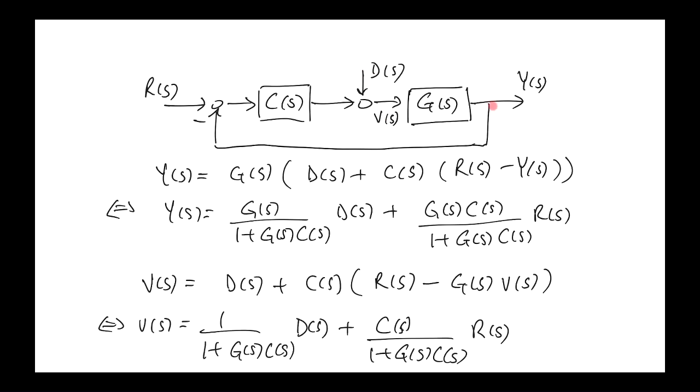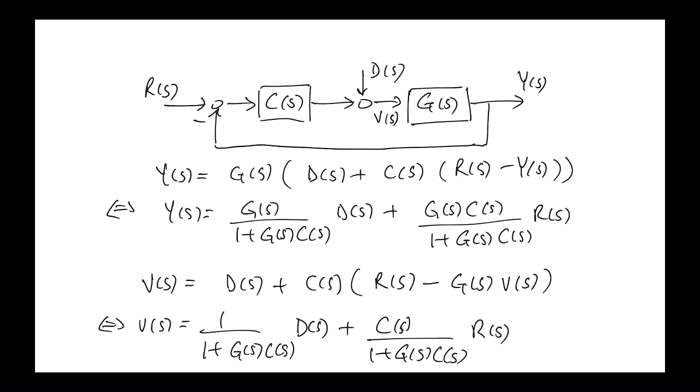If we look at this signal y, we can see that it's g times this signal v. That's what I've written in the brackets there. v is equal to d plus this signal here, which is c times this signal here, and this signal here is just r minus y.